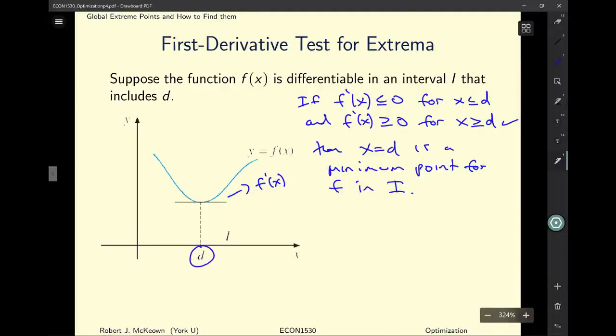I better be consistent with this point d. If x is less than d, the slope is decreasing, and the first condition is satisfied. So we know that point d is a minimum point for f in the interval I.